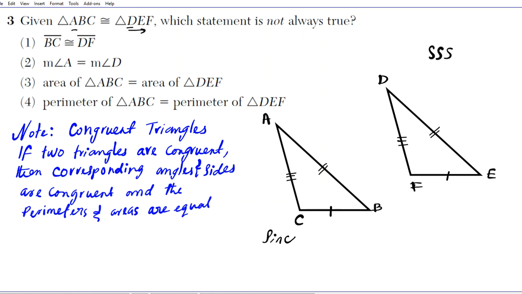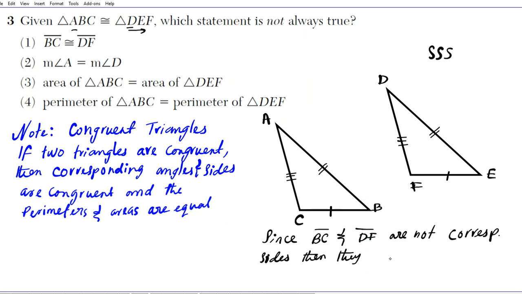Since segment BC and DF are not corresponding sides, then they are not always congruent.